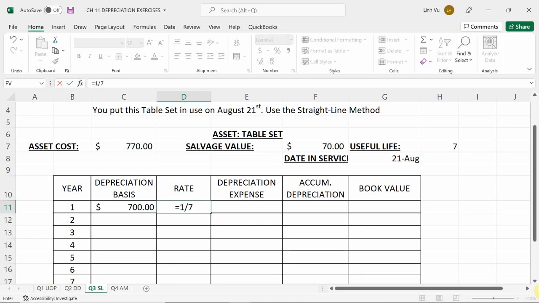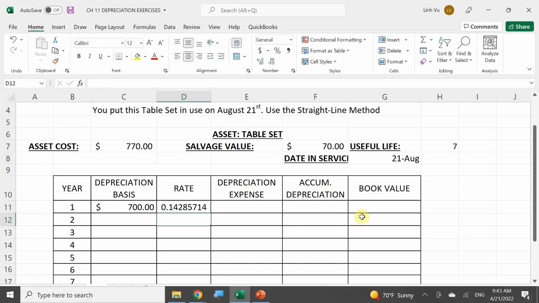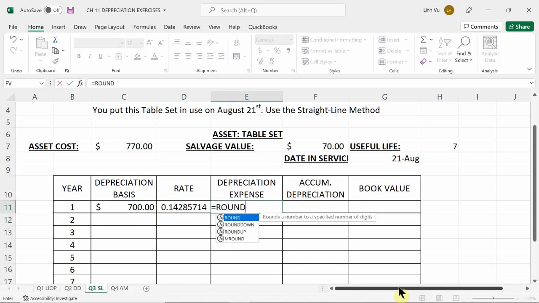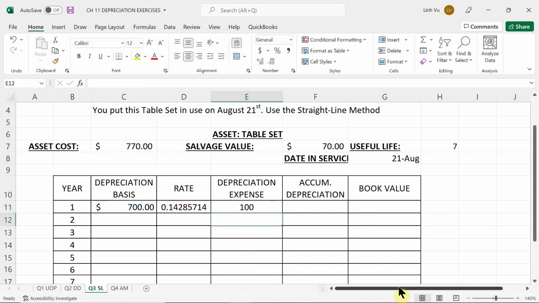Which is 0.142857. Good. All right. So then what's going to be my depreciation expense for the first year? 100. Right.